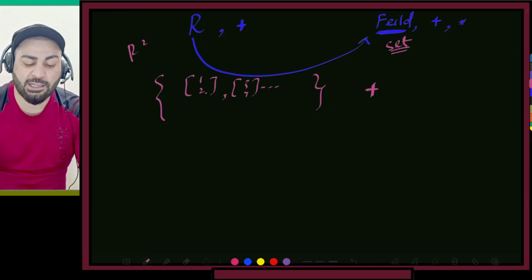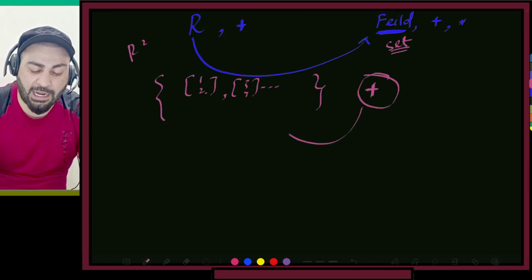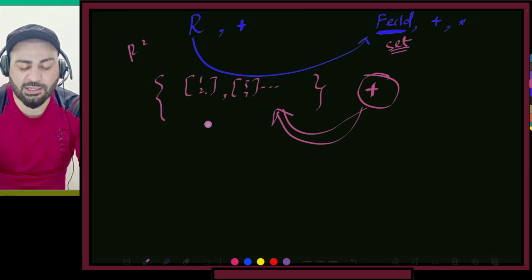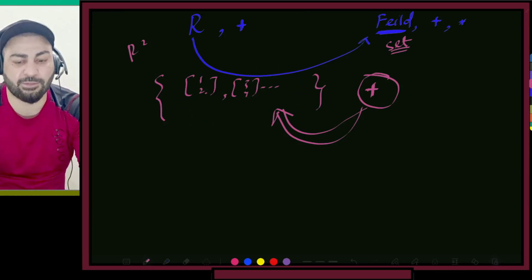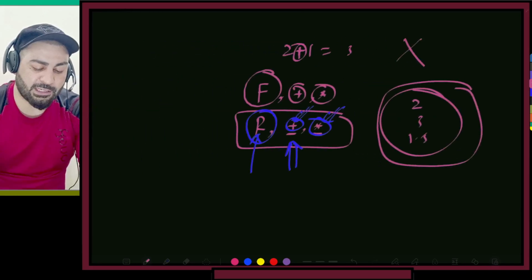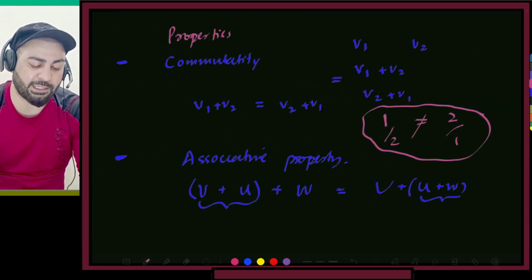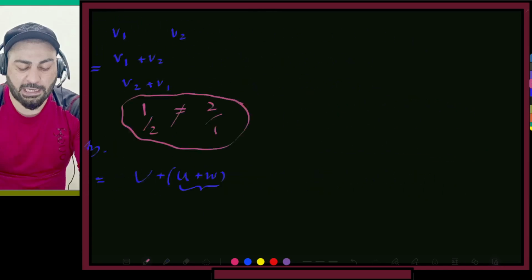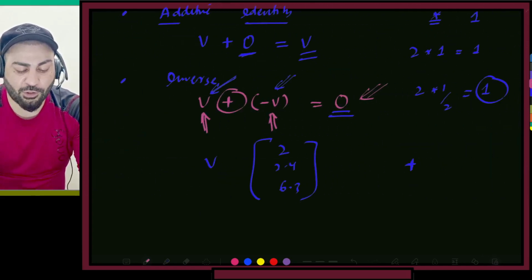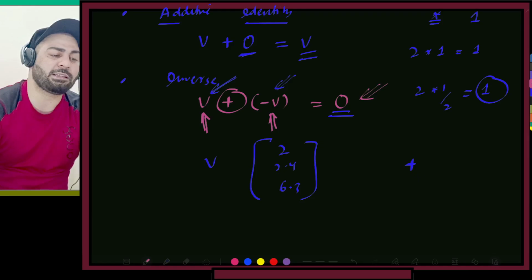With this operation and this field, let's suppose, it follows certain properties. This addition follows at least 4 properties that we saw: commutativity, associativity, the additive identity is there, and there is an inverse also.